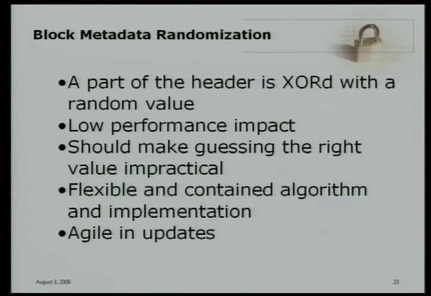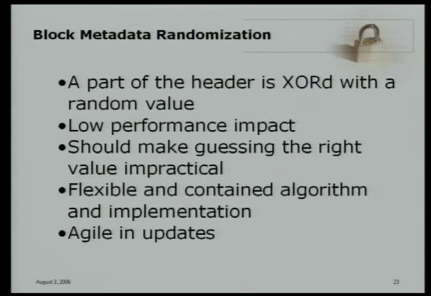So block metadata randomization is a very simple XOR algorithm. The goal is to make it very difficult for an exploit to guess the right value to put in place to hide an attack attempt, or to prevent a crash, or to execute something that is controlled by the exploit.